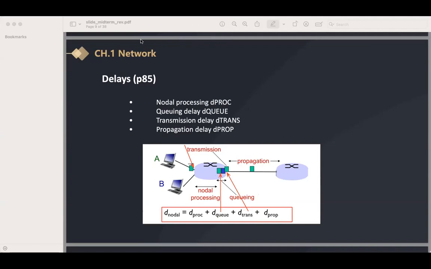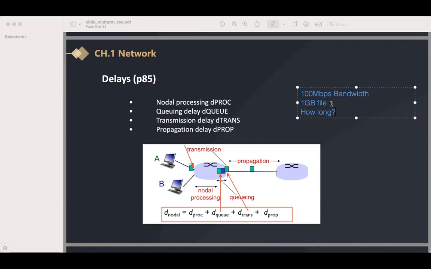And I have a question here. For example, you have a 100 Mbps bandwidth, and then you have 1 gigabyte of data.